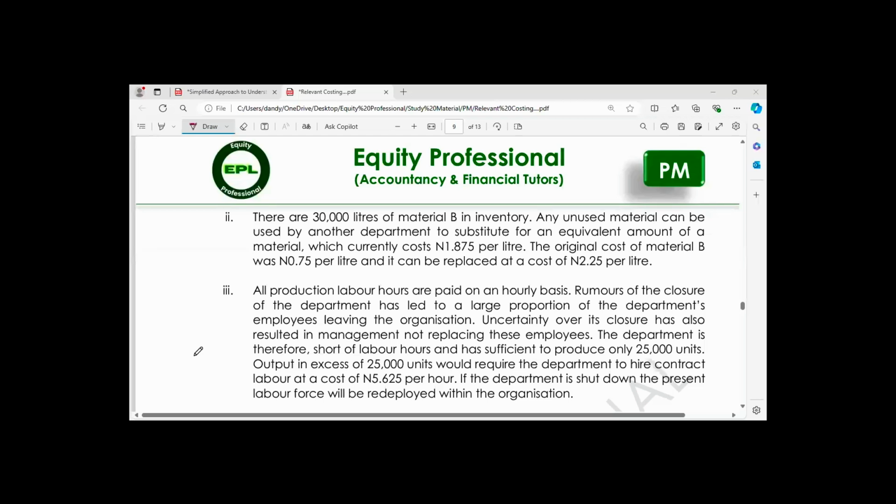The department is therefore short of labor hours and has sufficient to produce only 25,000 units. Output in excess of 25,000 units would require the department to hire contract labor at a cost of 5 naira 625 kobo per hour. If the department is shut down, the present labor force will be deployed within the organization.